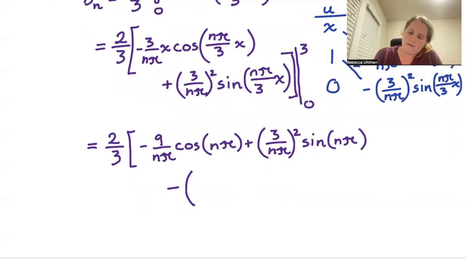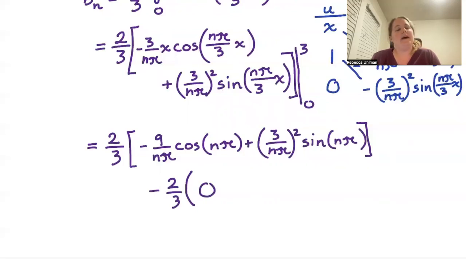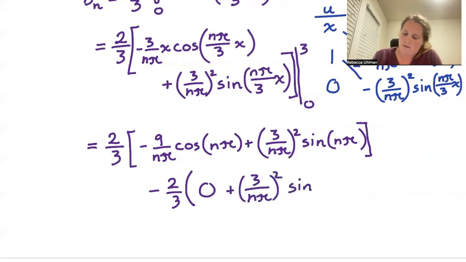So we will subtract off 2/3 times. We will have 0 for the first piece, since we have a negative 3x, and then plus 3 over n pi, that entire fraction squared, sine of 0. So we have the only non-zero term is that cosine n pi term. All the others go to 0.